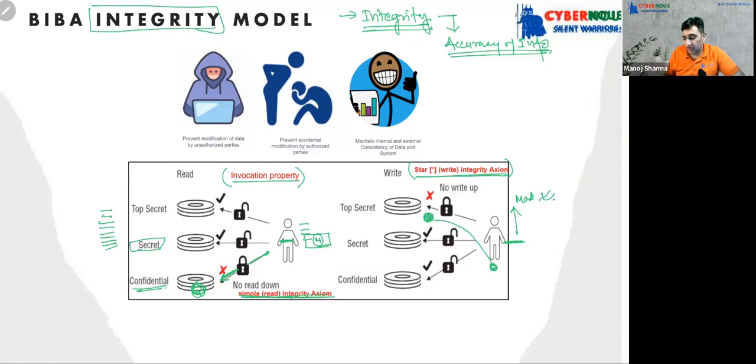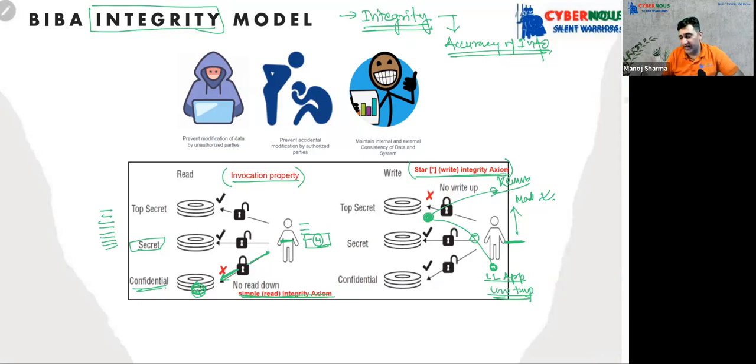So this makes sure that a low level application, which is low on trust, should not access a high trust application, just like your kernel process and all of that. If they have to do it, they have to go through a validation process or access control process, which will actually do some validation on it. So that is your invocation property.